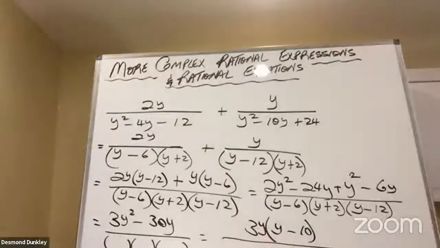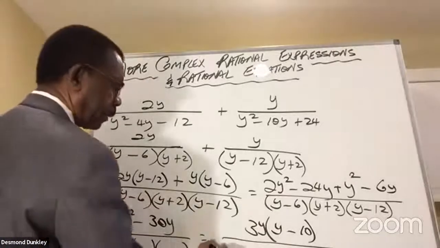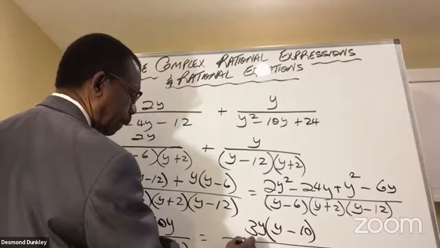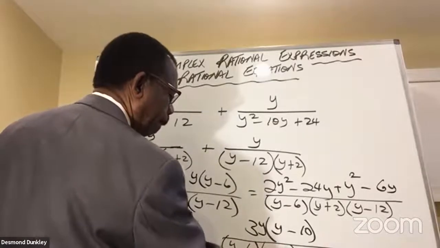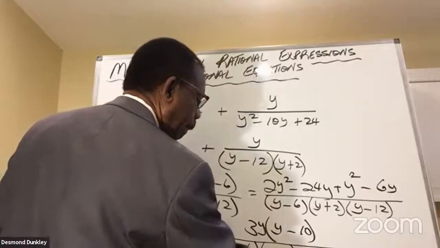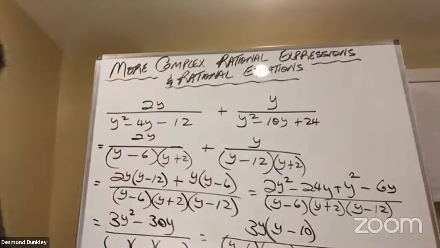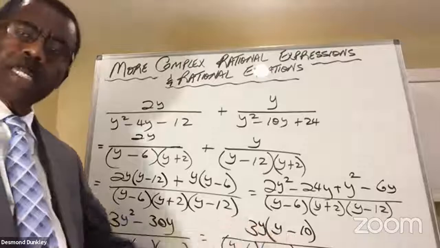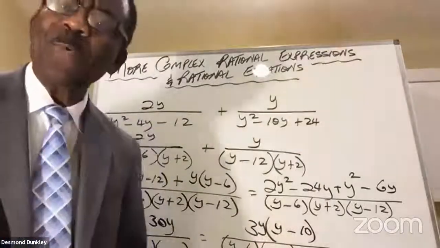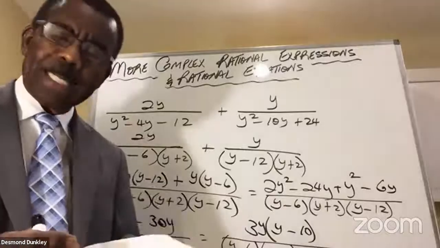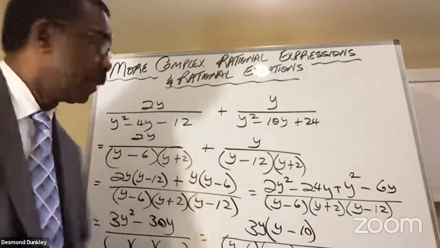When I look at the bottom, nothing can be cancelled. So I just end up with this. And that would be your final answer. There's nothing to cancel, so that's the best you can do. So now we're going to go to more complex rational equations.